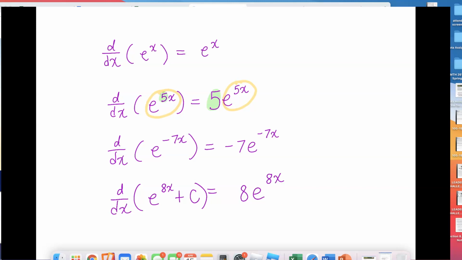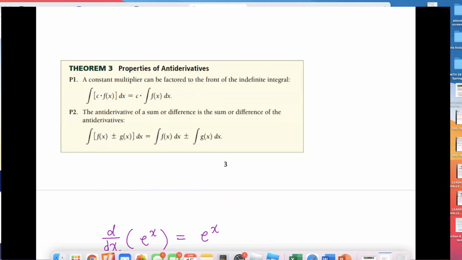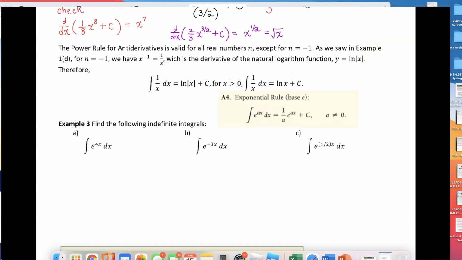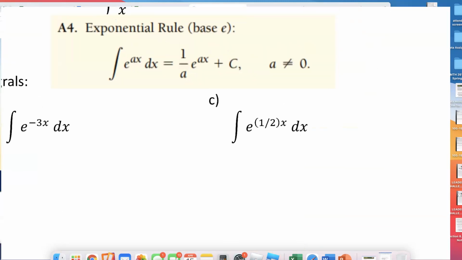That's why the rule for this exponential function is, if you have e to the ax, you're going to write down e to the ax, but remember to divide by a, or multiply by 1 over a. Because the opposite of multiplying is dividing, we divide by the coefficient of the exponent.